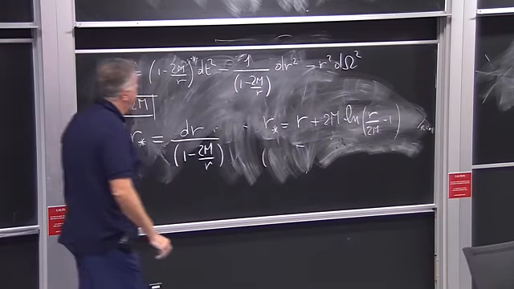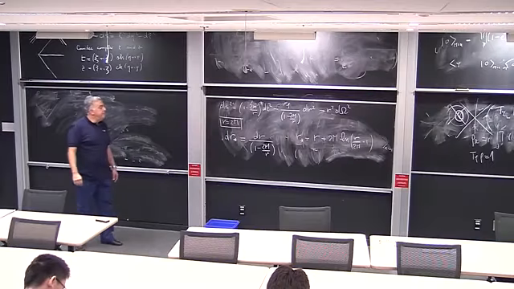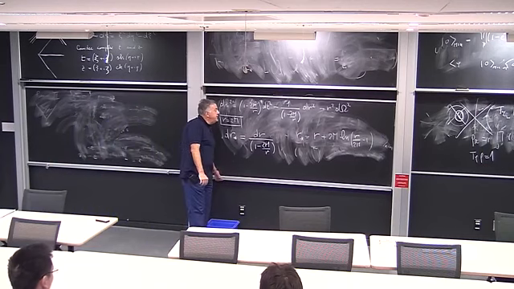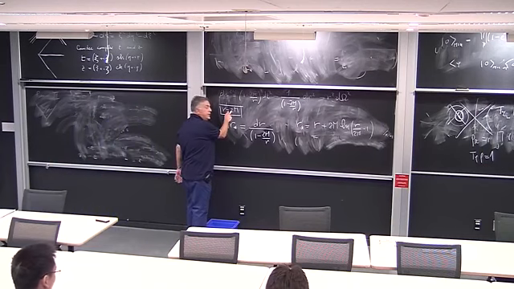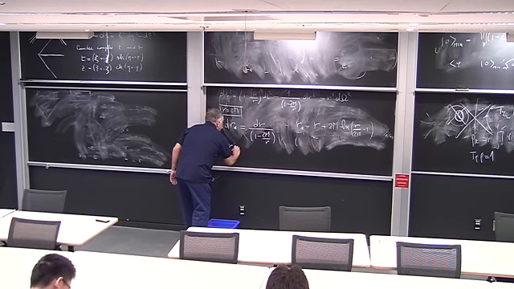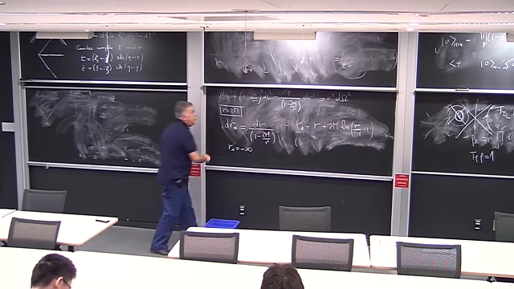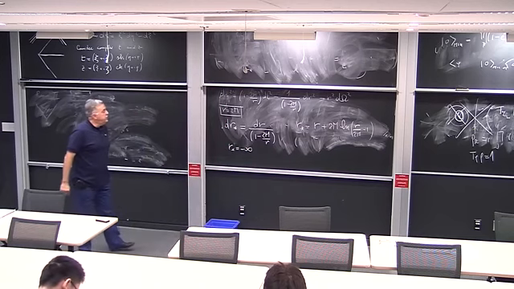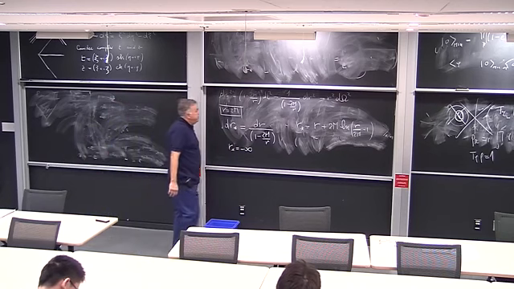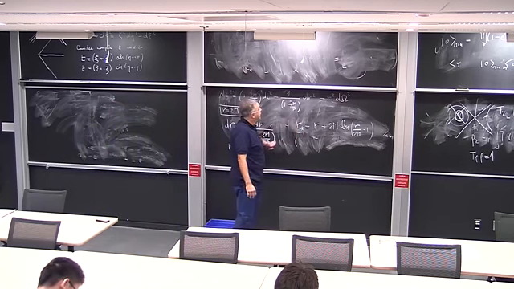What is the advantage of the tortoise coordinate? Now this surface has been pushed back to r star equals minus infinity. So this is the advantage. Now r star is a variable which covers the whole real line.